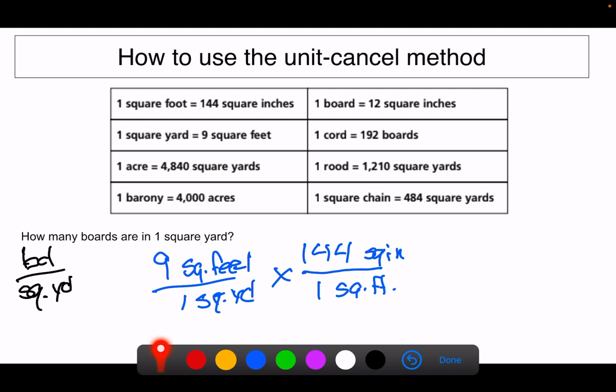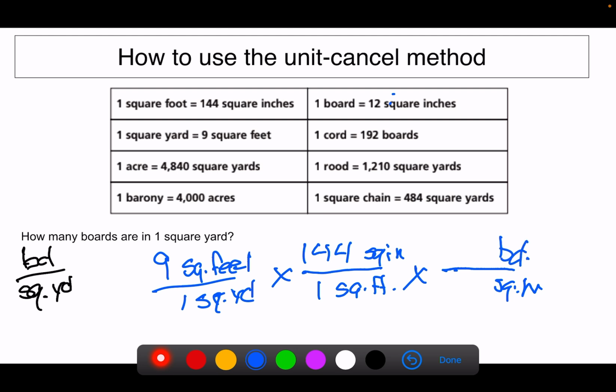Now I got to get boards. And I know boards are right here: 1 board per 12 square inches. So we're going to want square inches on the bottom and boards on top. And why?